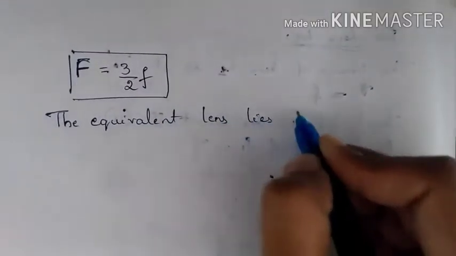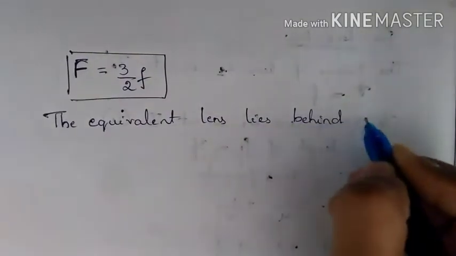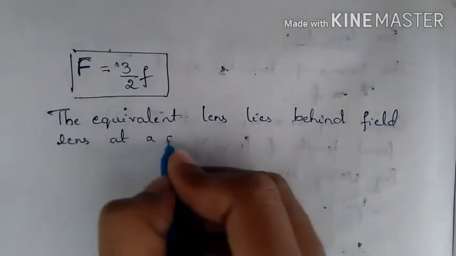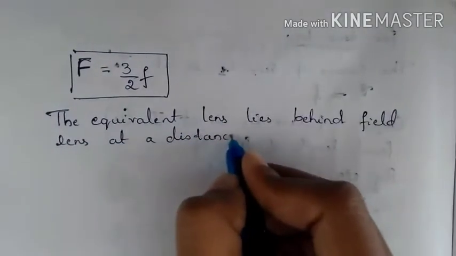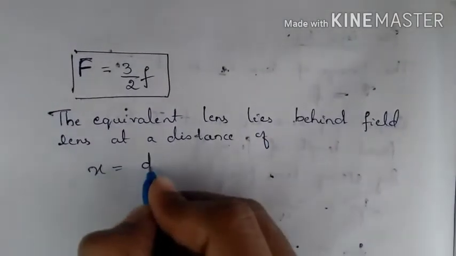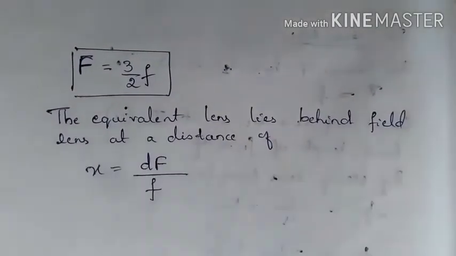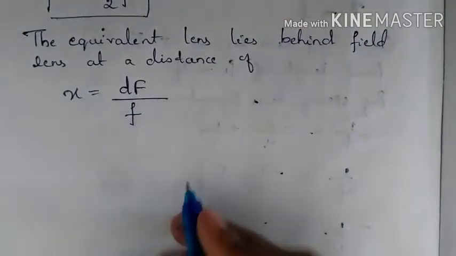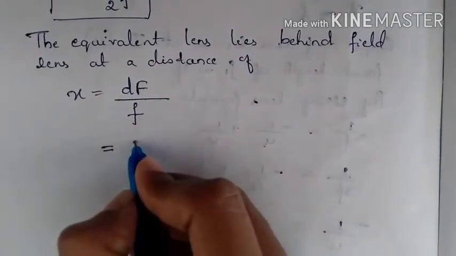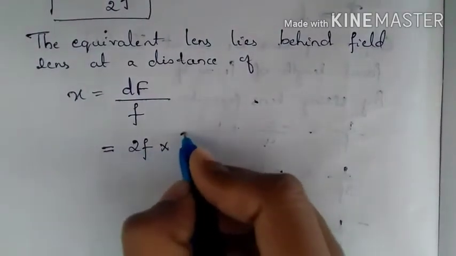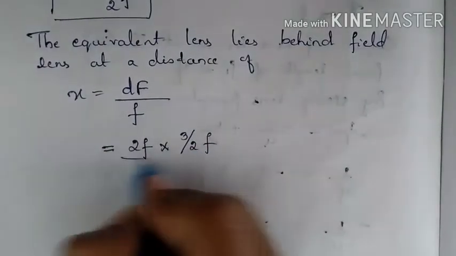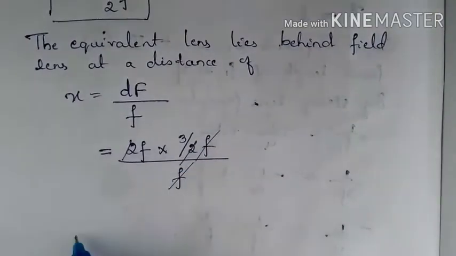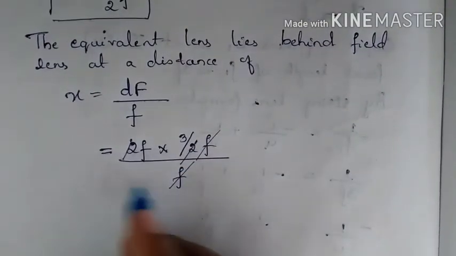So next is the equivalent focal length distance. The equivalent lens lies behind the field lens at a distance of x is equals to df divided by f. So d we know, f we know, the small f. So df, so d is 2f multiplied by 3 by 2f and whole divided by f. So f will get cancelled, 2 will again get cancelled. What remains is 3f.